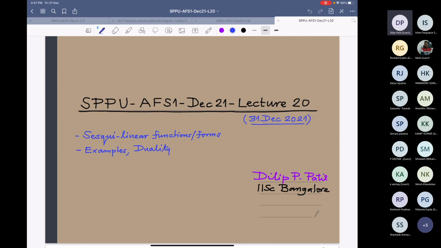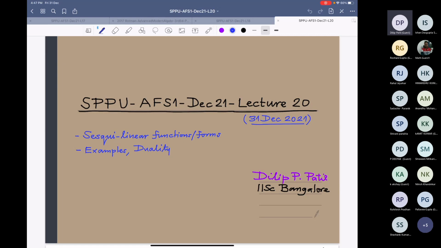And one more thing that I mentioned earlier also: things will work not only for vector spaces, but for free modules over an arbitrary commutative ring. So one has to keep this view in mind, that one can do a similar thing by assuming your ring is, of course, a commutative ring with unity, since the rings for us are all commutative rings with unity.